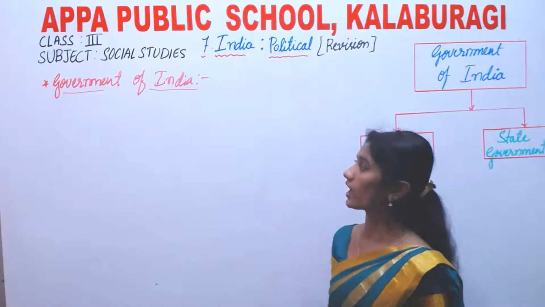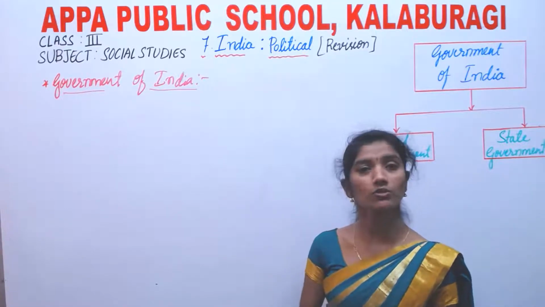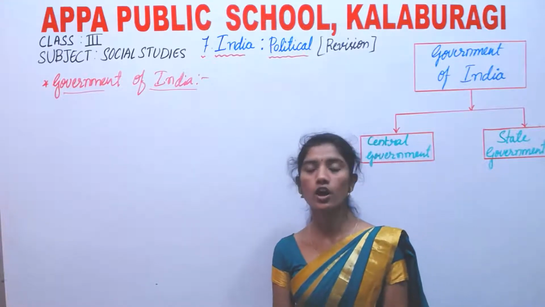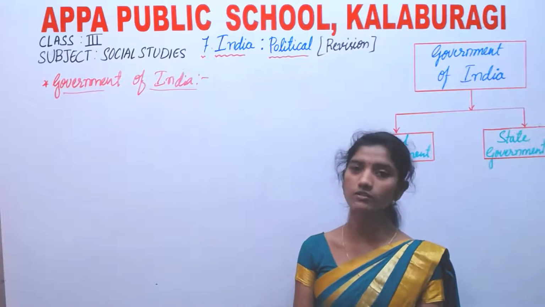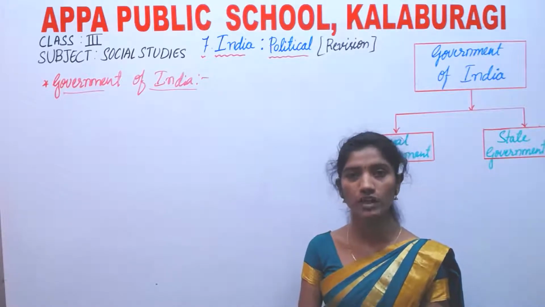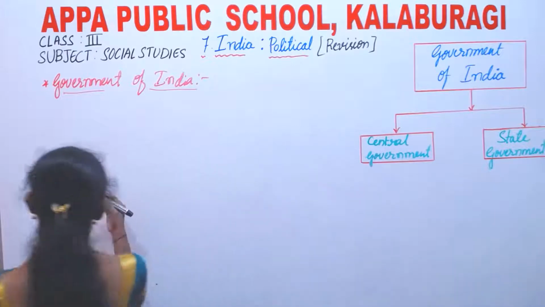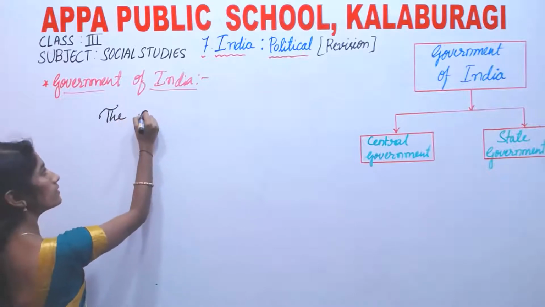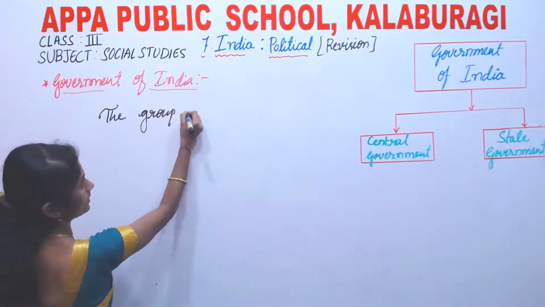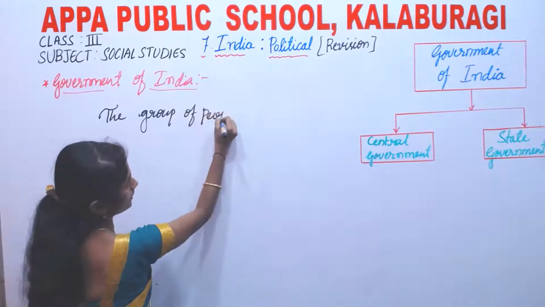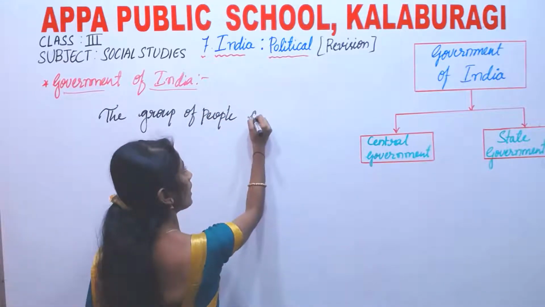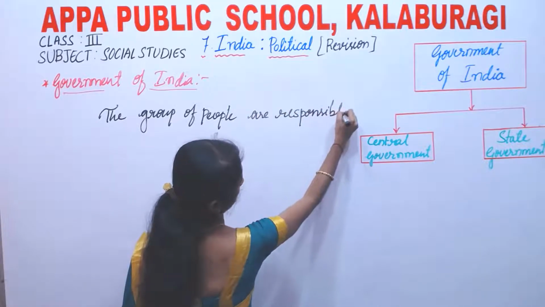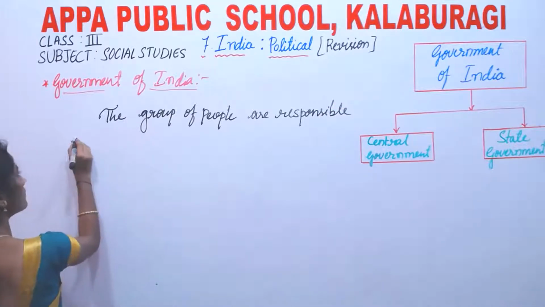Before we start the government of India, can you tell me what is the meaning of government, children? The government is a group of people that is responsible for managing the matters of a country or a state.